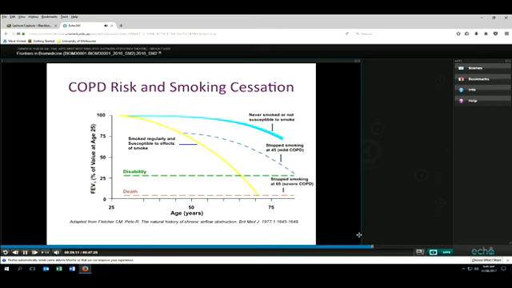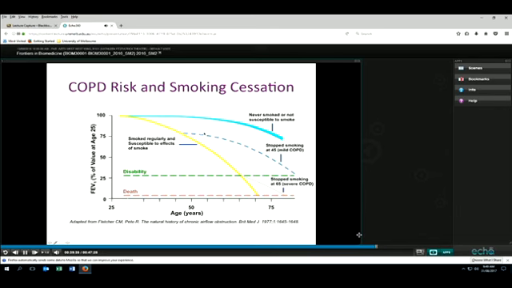If you smoke through your 20s and 30s perhaps and stop before the age of 40, then you will almost certainly not have symptoms related, in other exceptional circumstances notwithstanding. You'll very likely not have symptoms related to lung disease, because although you've lost lung in the earlier part of your smoking life, your rate of decline in lung function will very likely return to approximately the normal amount.